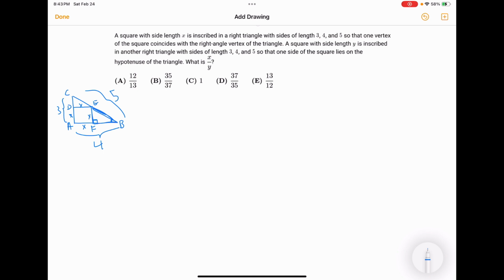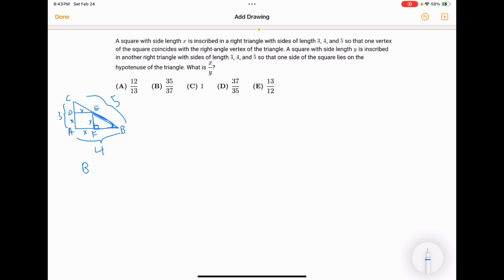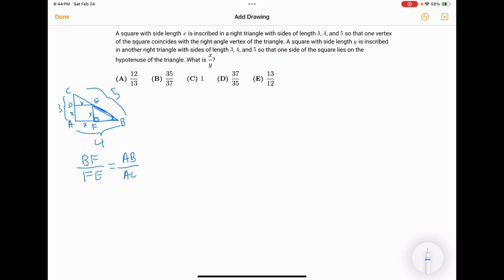Because they are similar, it gives us the equation BF over FE is equal to AB over AC.